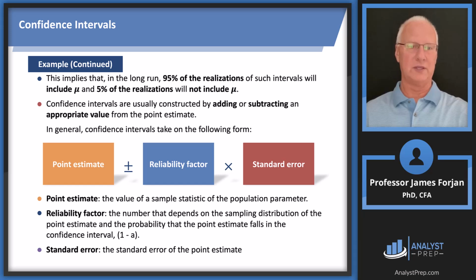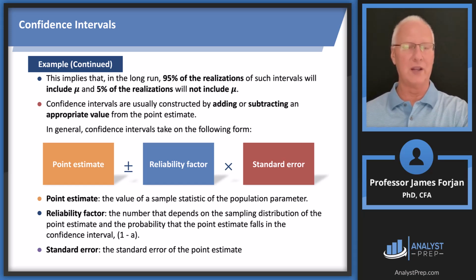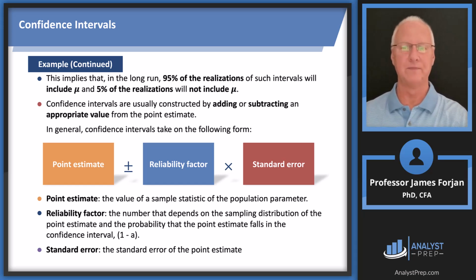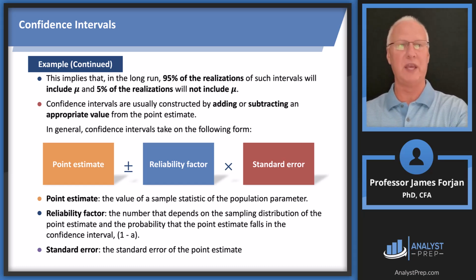So what we're going to do is take that point estimate, that's going to be the mean, and we're going to plus or minus, we're going to add and subtract some reliability factor here, and that depends on the confidence level. Right up top we have 95%, and then we're going to multiply that by the standard error. So standard error is a function of standard deviation.